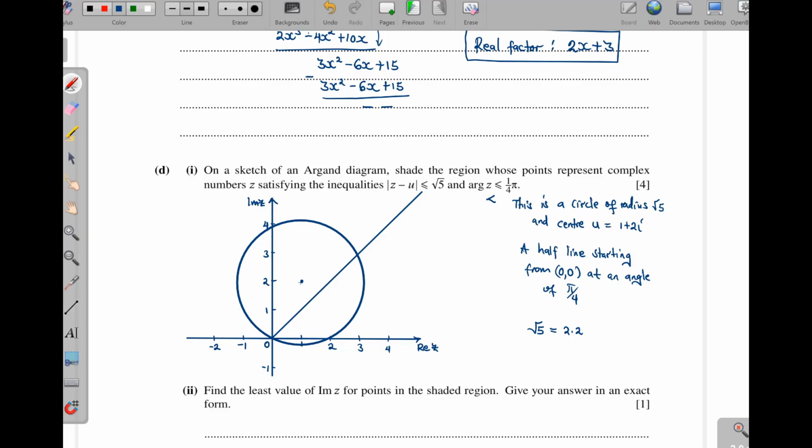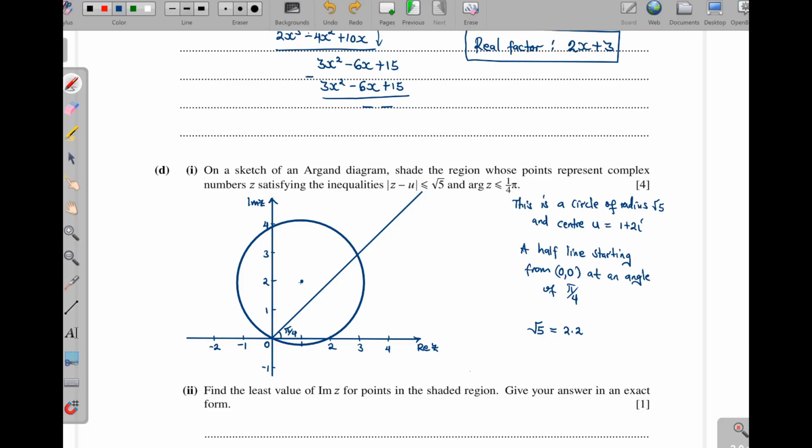You see that? Now for the case of shading, remember here we said that we are going to look at the region that is below the line. Okay, so we are having this one here. These are all points that are below the line. But then what do we have here? It has to be inside the circle, like the way you're seeing here.